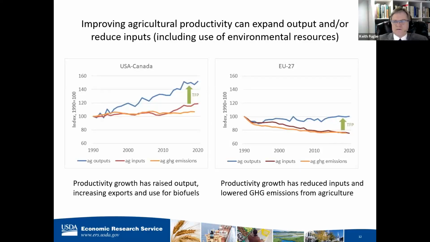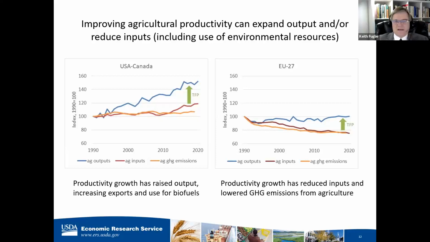I just wanted to point out that when we talk about raising agricultural productivity, it's not the same thing as raising production. Productivity basically means not necessarily producing more, but certainly always producing more with less. I wanted to illustrate this by contrasting North America and the EU 27 over their agricultural growth profile and productivity profile over the last 30 years.